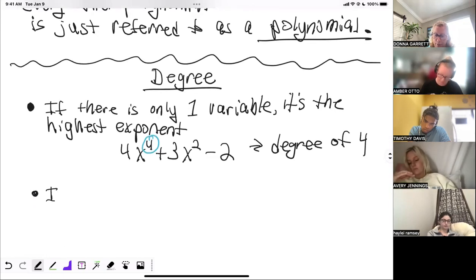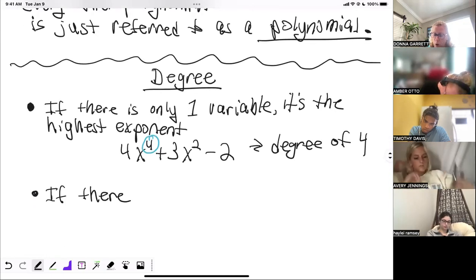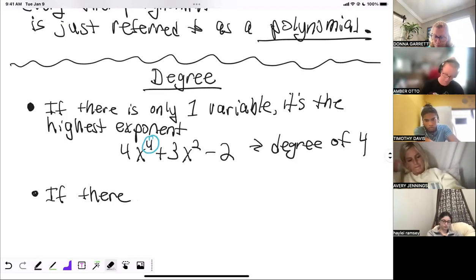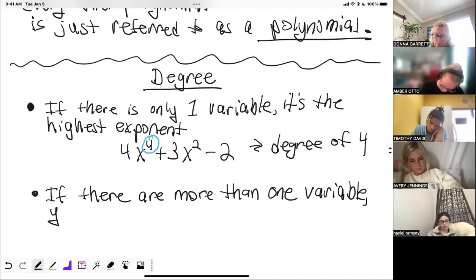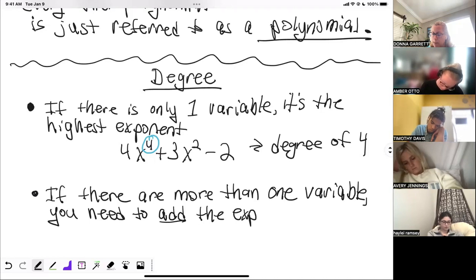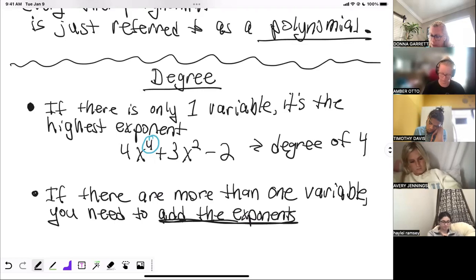So if there are more than one variable, you need to add the exponents to find the degree.